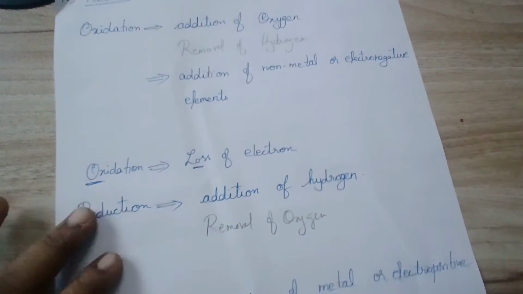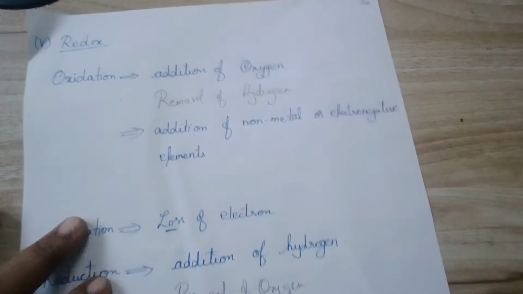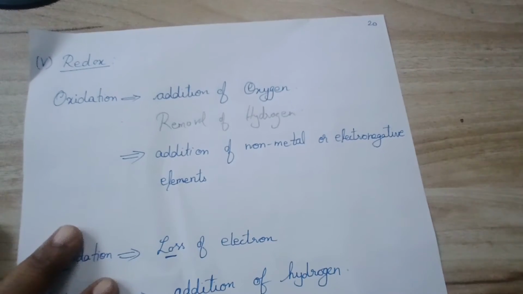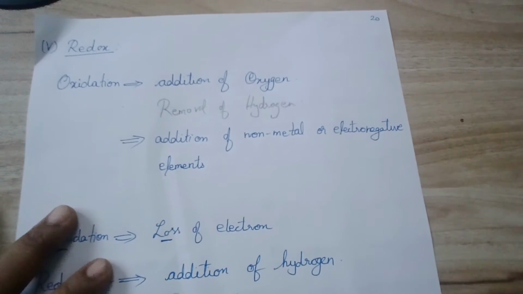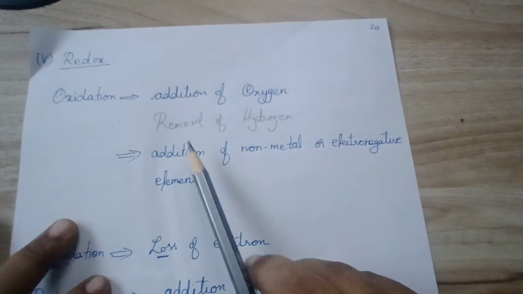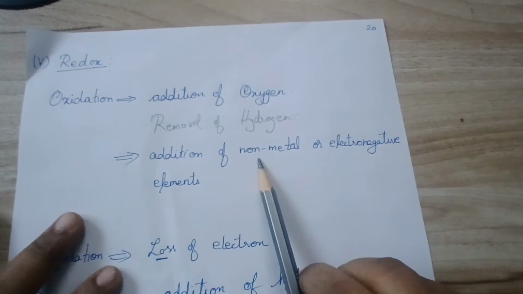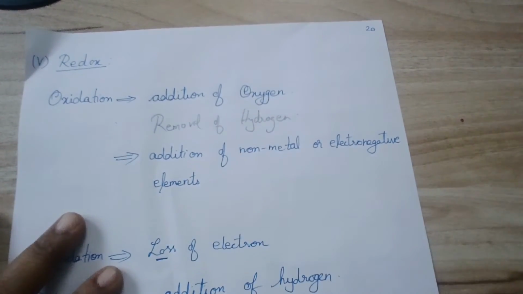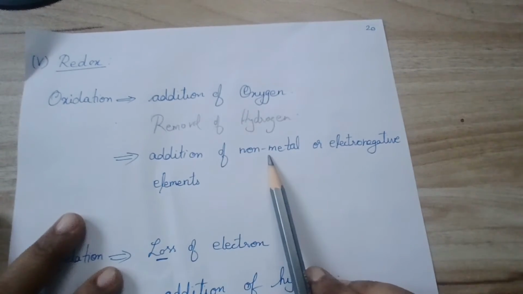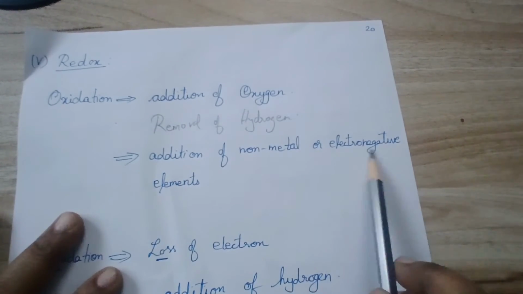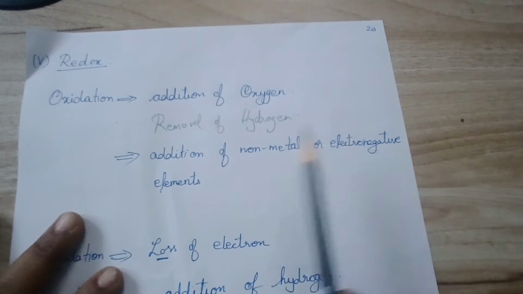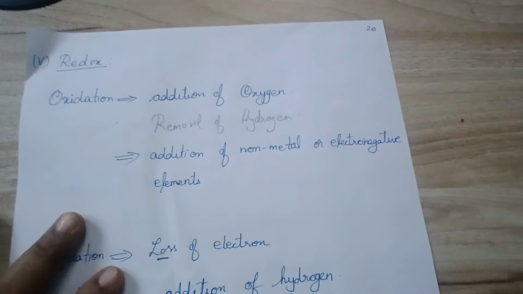We can give an explanation for oxidation in terms of metals and non-metals, that is, electropositive or electronegative elements. Addition of oxygen means it is a non-metal. Addition of non-metal or electronegative elements is called oxidation.